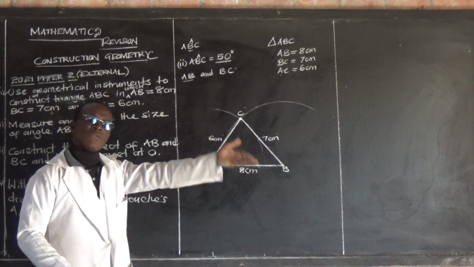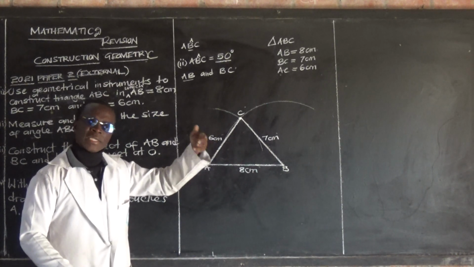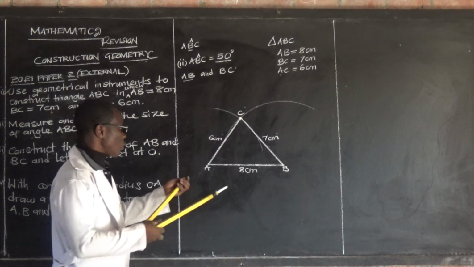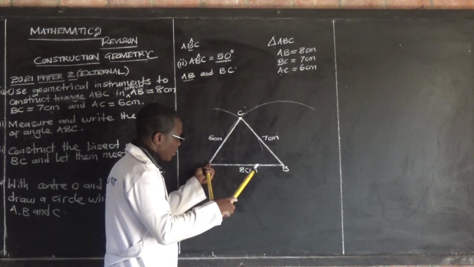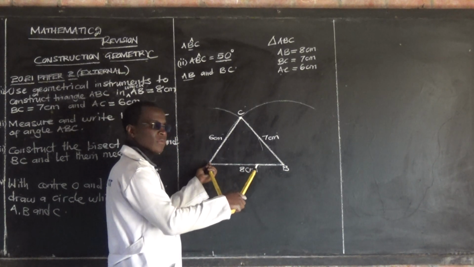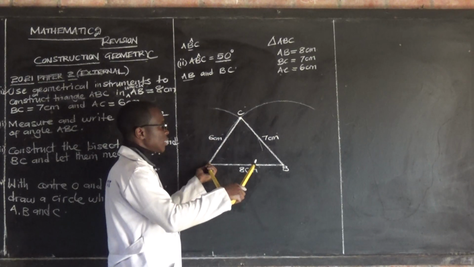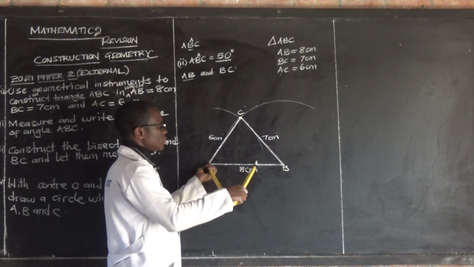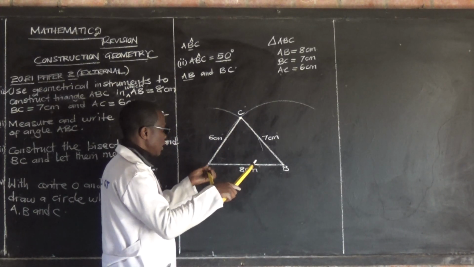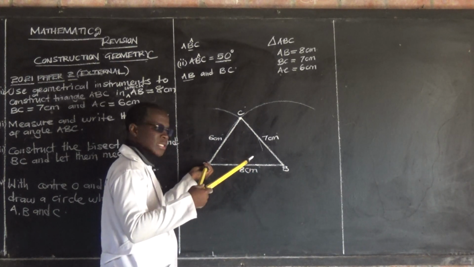So you open more than 4, going upwards. You open more than half of AB. Are we together, guys?